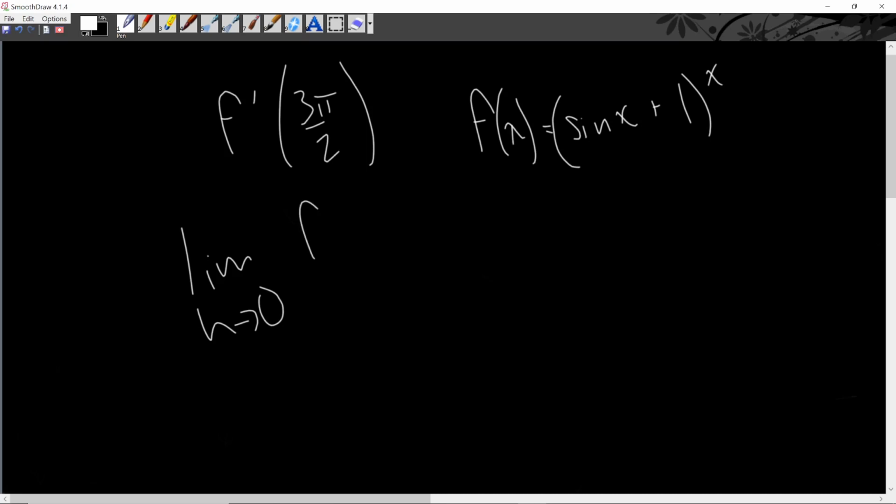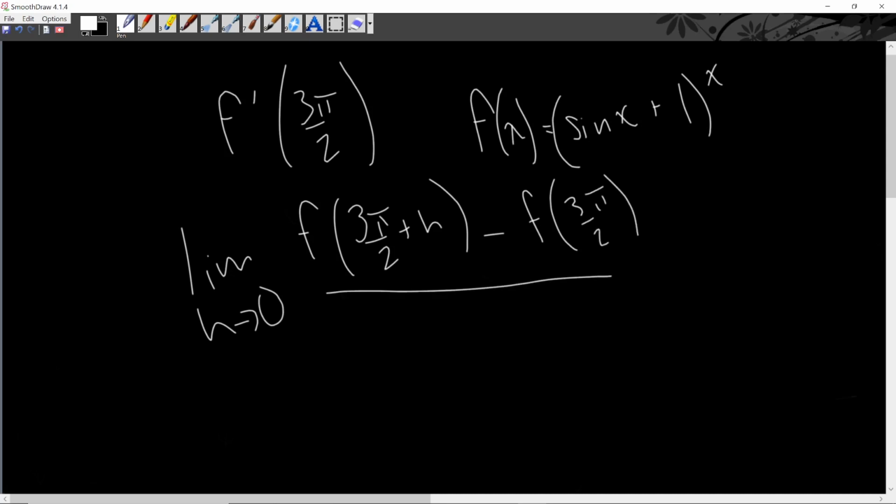So then we have the limit as h approaches 0 of f of 3 pi over 2 plus h minus f of 3 pi over 2, over h. I will do this tomorrow, but I'm definitely going to forget this, I just saw it. And then sine of 270 plus x is equal to negative cosine x.